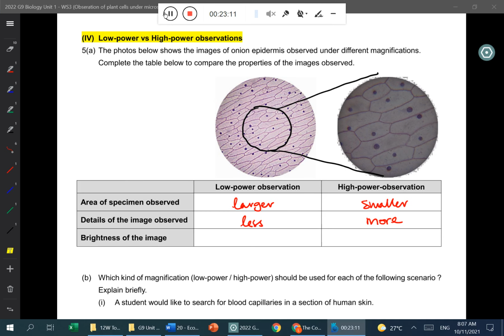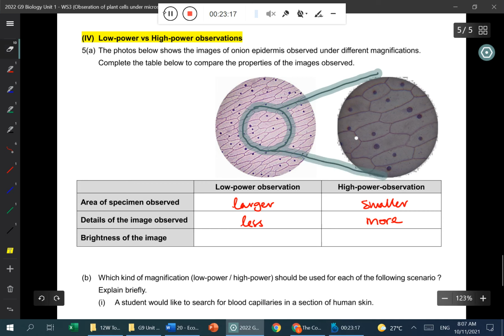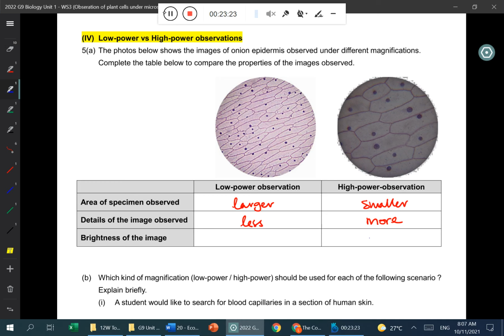So last thing that you need to realize is that you can see from this photo that the high power magnification is much dimmer while the low power observation gives you a brighter image.